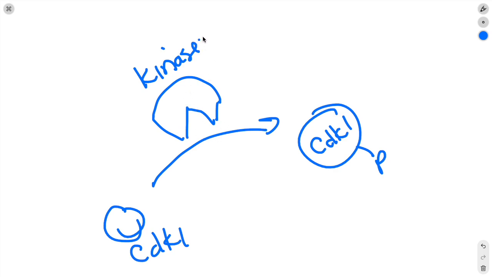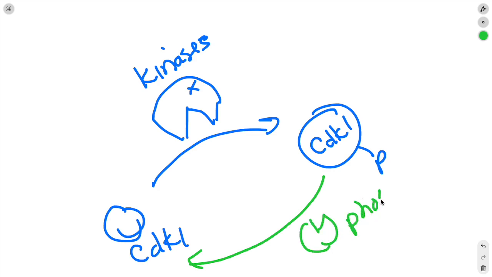So we have a bunch. So there are some kinases, and we don't need to learn the names of those in this example, but what we do need to learn that's new is, hey, what if we need to remove that phosphate? And there's a whole different set of enzymes that remove phosphates, and those are called phosphatases.